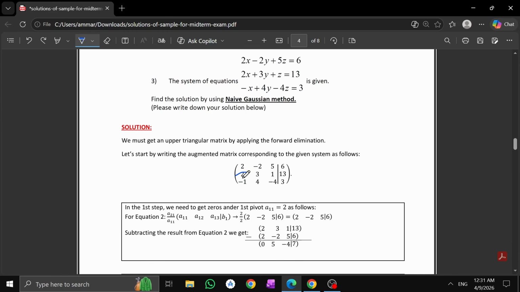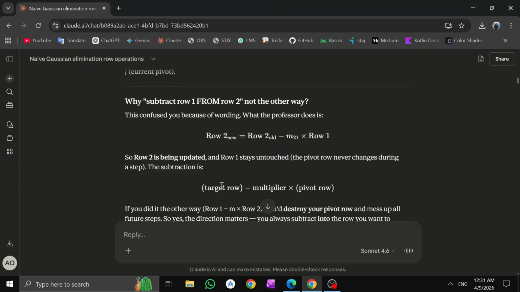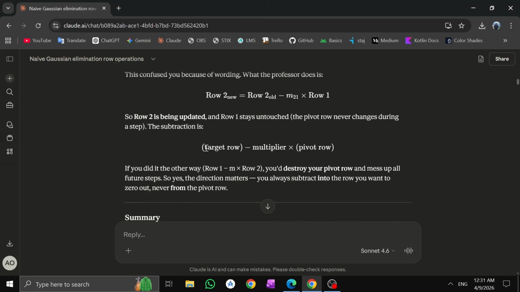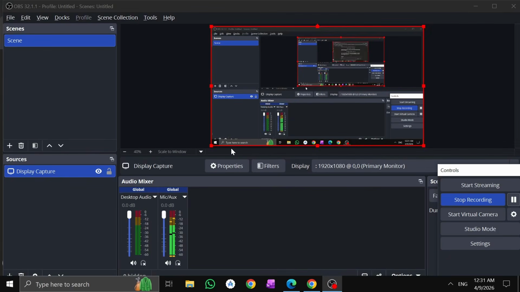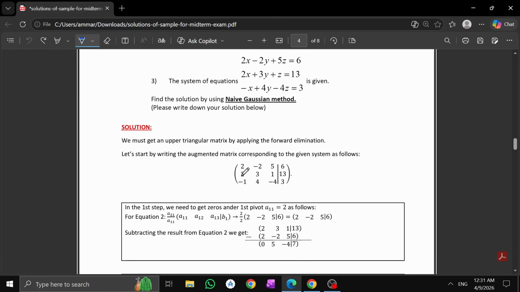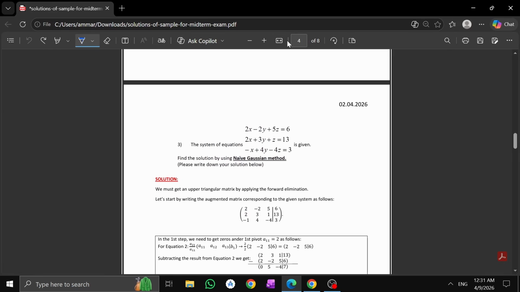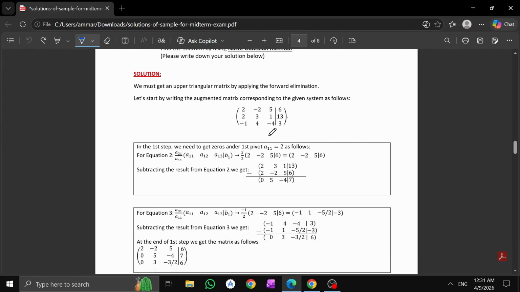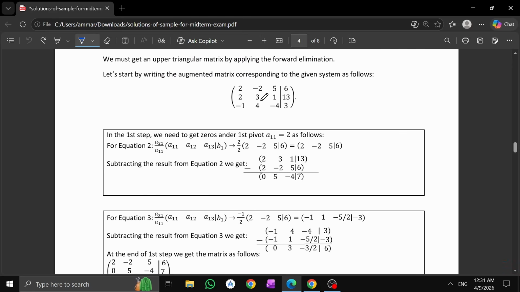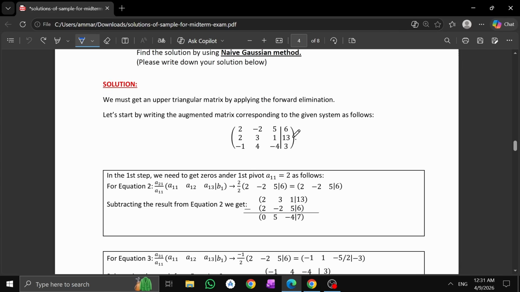The order is important. What we are gonna do here is take the target row, the row we want, which is this one, row 2.